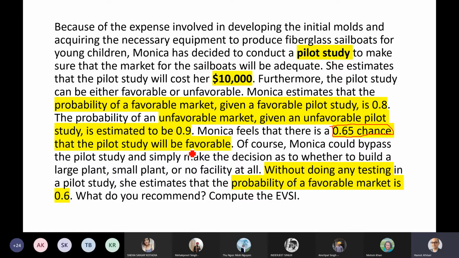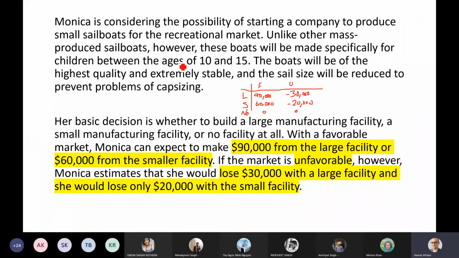Without doing any testing in a pilot study, she estimates that the probability of a favorable market is 0.6. So if I do not perform any pilot study, which means just using this table, there is a 60% chance of favorable market and 40% chance of unfavorable.